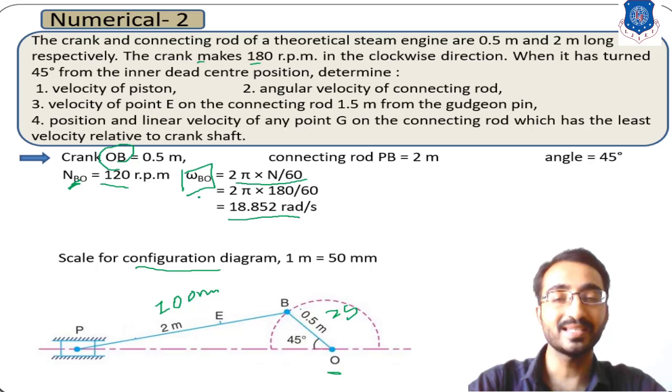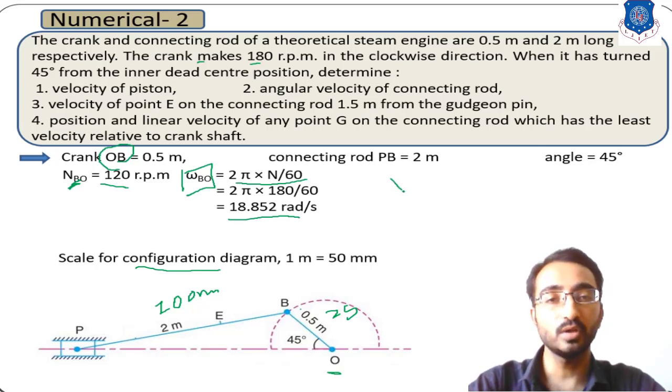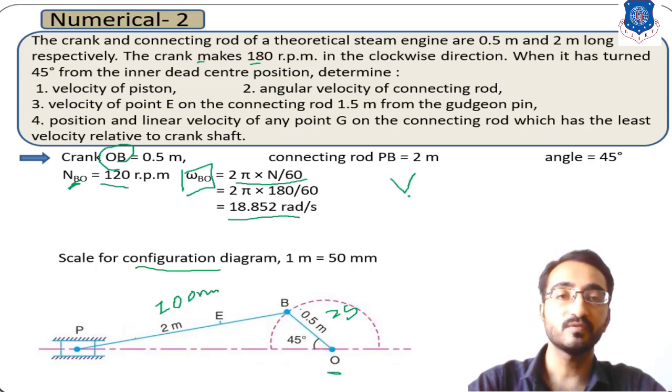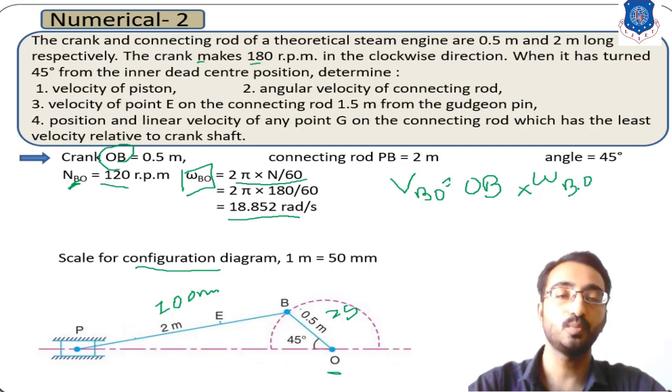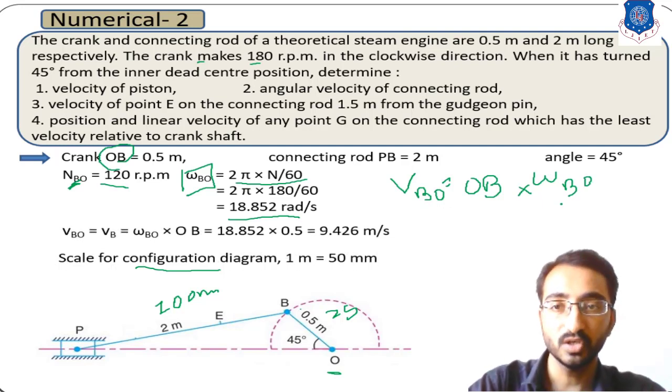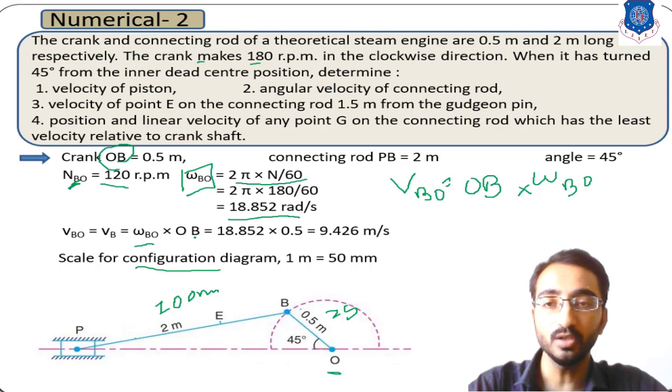Now using this angular velocity you can calculate linear velocity also, because we have a simple relation that linear velocity V is equal to radius, the length of link OB, into omega of link B with reference to point O. So this equation will give you omega_BO into OB.